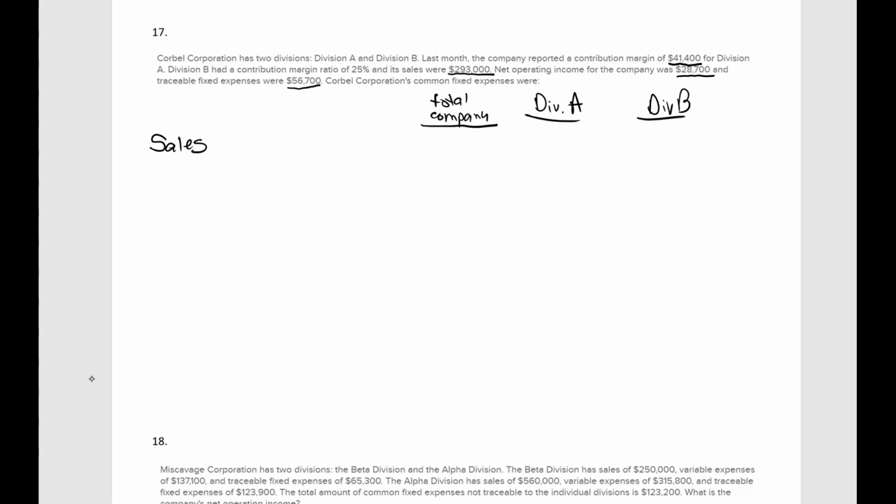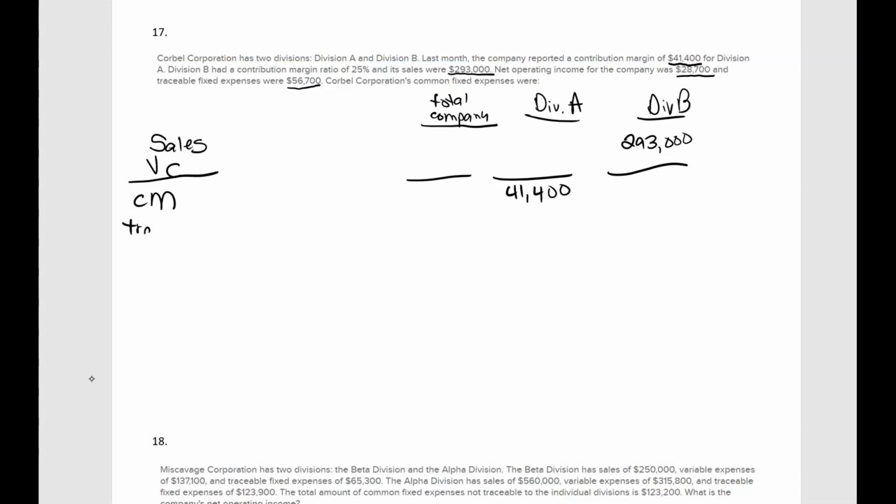Sales for Division B, we know, is 293. Variable expenses, we don't know. Sales minus variable expenses is your contribution margin. We know that the contribution margin is $41,400.